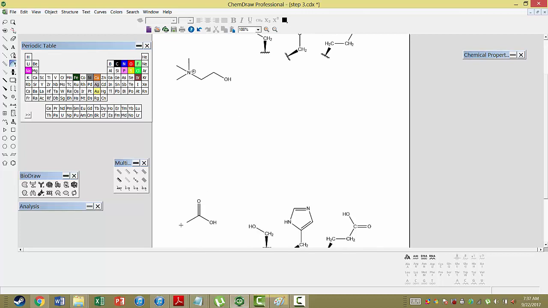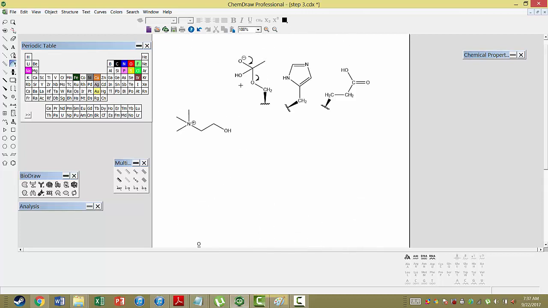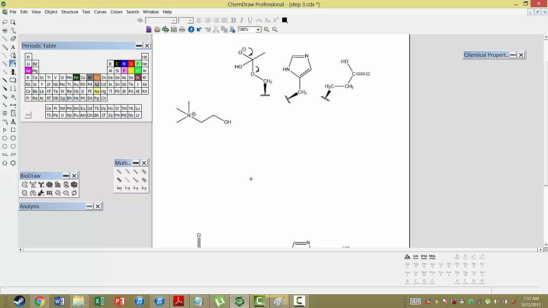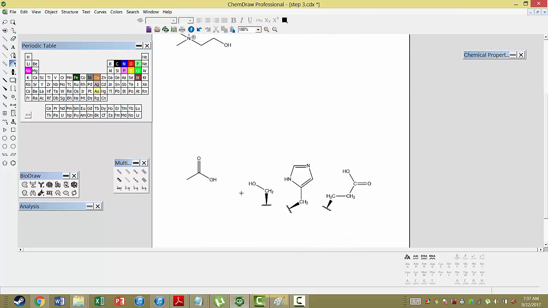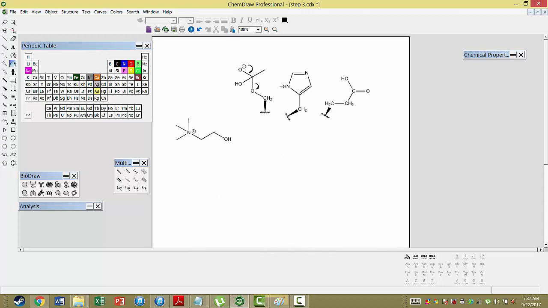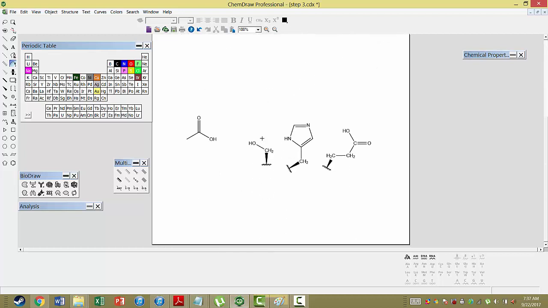And you'll end up with acetic acid coming off, which is going to be the end result of this. This oxygen will grab the hydrogen back from this, and the enzyme will be rejuvenated to its original state.